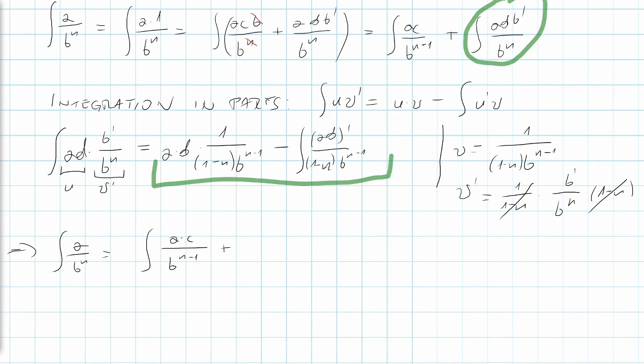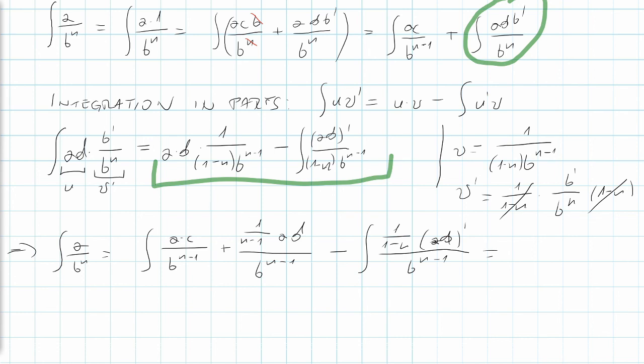It will be 1 over n minus 1 times a d over b to the power n minus 1 minus the integral of 1 over 1 minus n times a d prime over b to the power n minus 1.